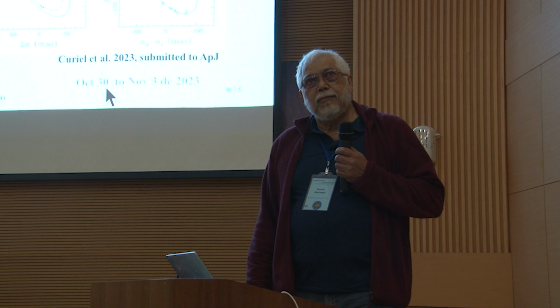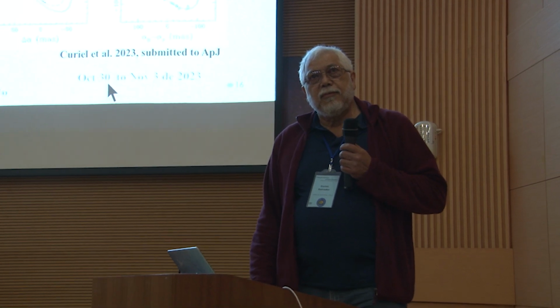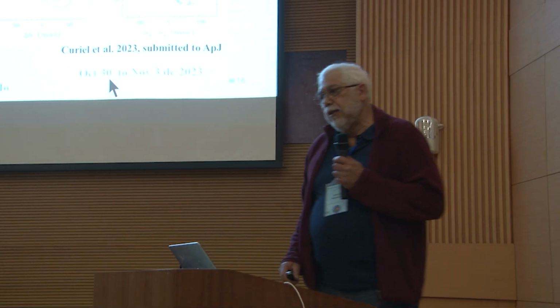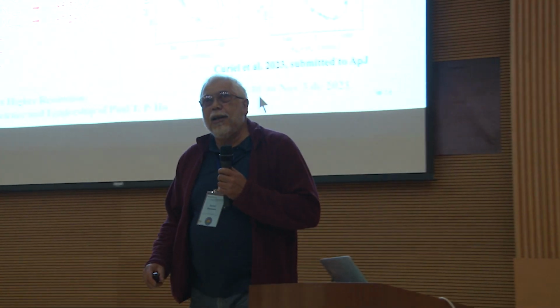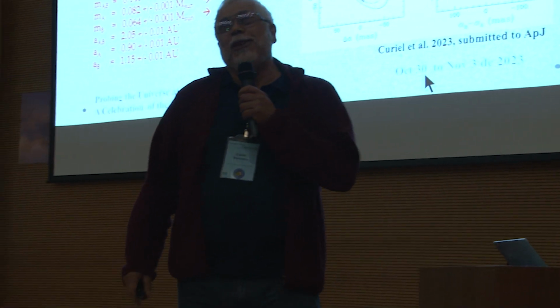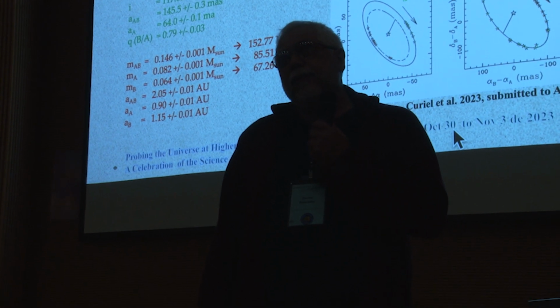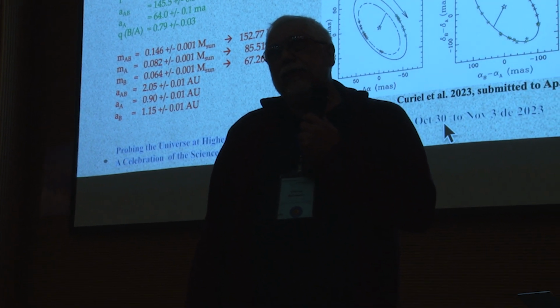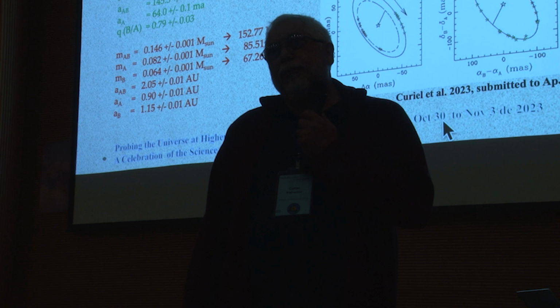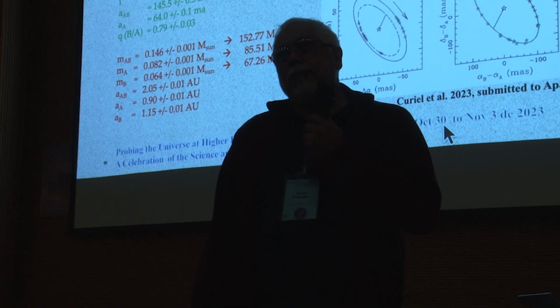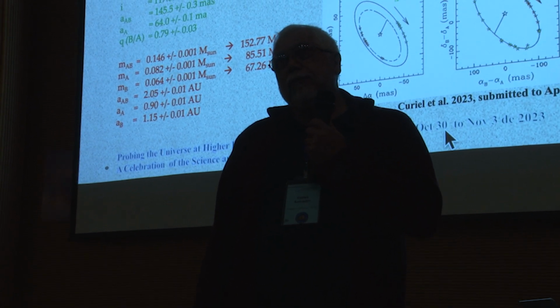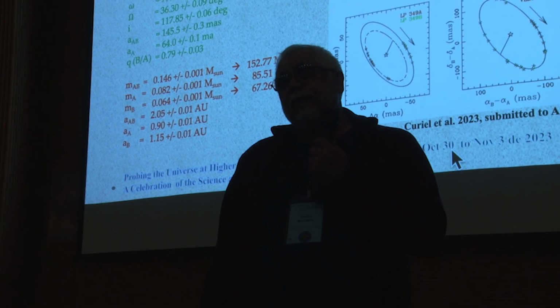Do you take that into account while doing the astrometric measurements? I'm sorry, I don't understand your question. Could you say that again? M dwarfs and brown dwarfs at radio wavelengths, the flux can be highly variable, maybe an order of magnitude. So do you take that into account when you're doing the astrometric fits?